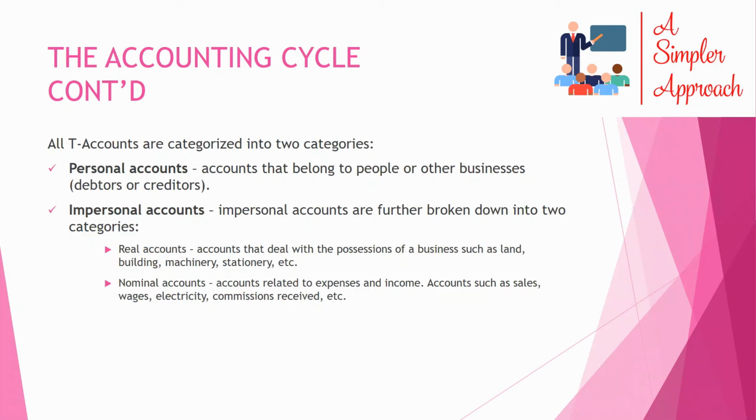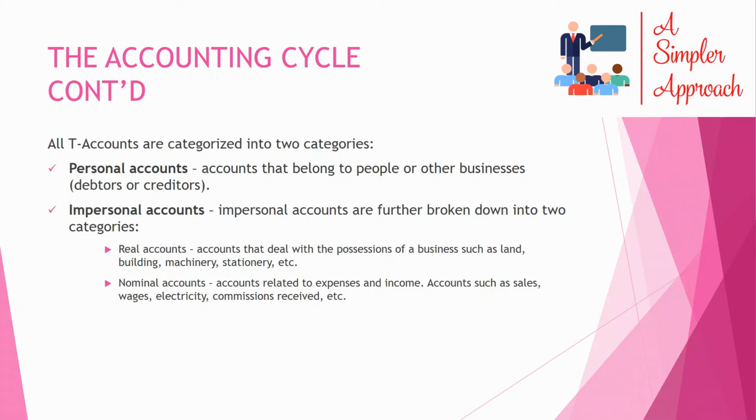In addition to what was explained about T accounts just now, also note that T accounts are classified in 2 categories. They are either personal accounts or impersonal accounts. Personal, as the term would suggest, are accounts that belong to people or businesses, our debtors and our creditors, to be exact.